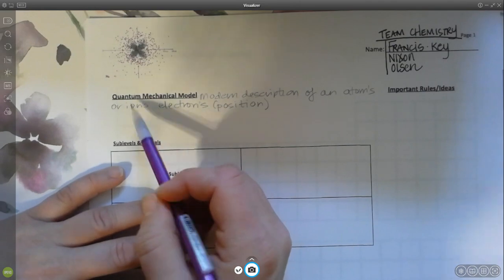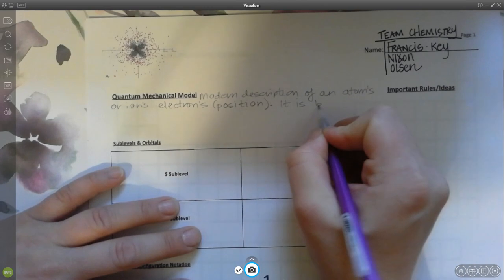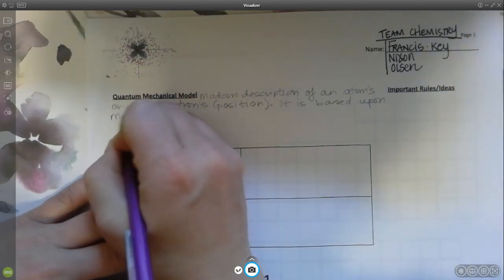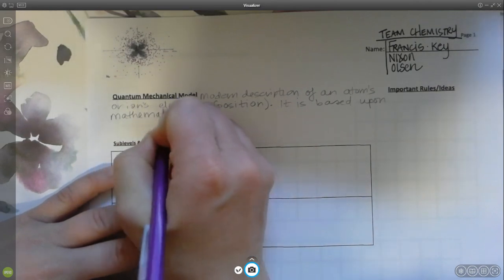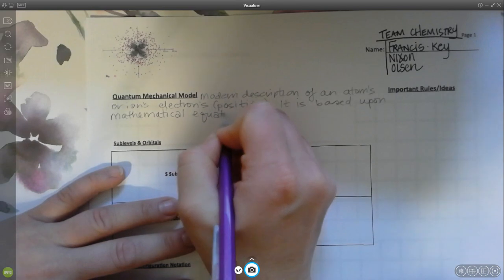And so this is a statistical model, and it is based upon several mathematical equations. Now, the good news for you is you don't have to know those mathematical equations. So that's good.